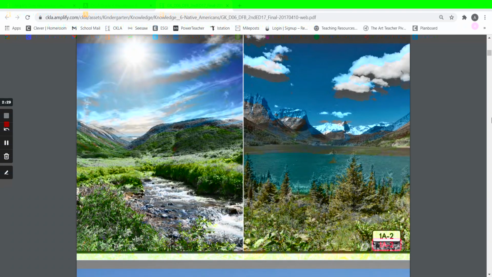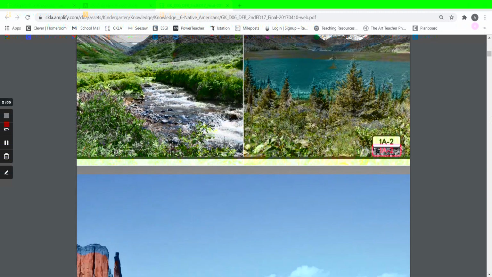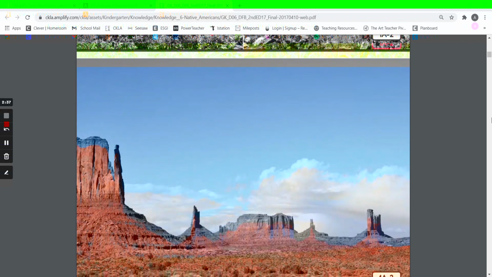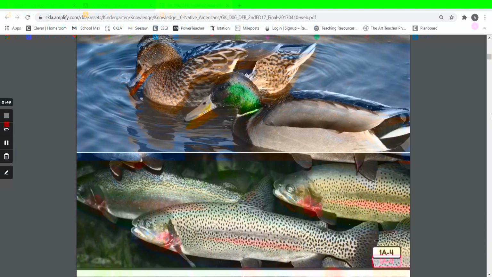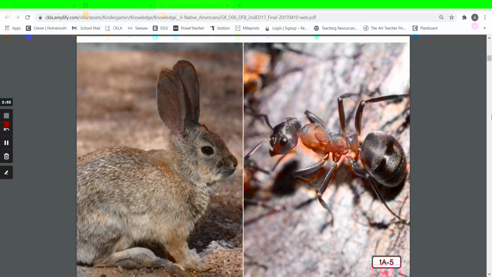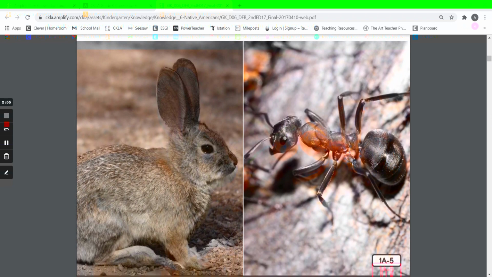There were rivers and lakes, but no people. There were deserts and mountains, but no people. There were plenty of birds and fish and animals and insects, but there were no people.